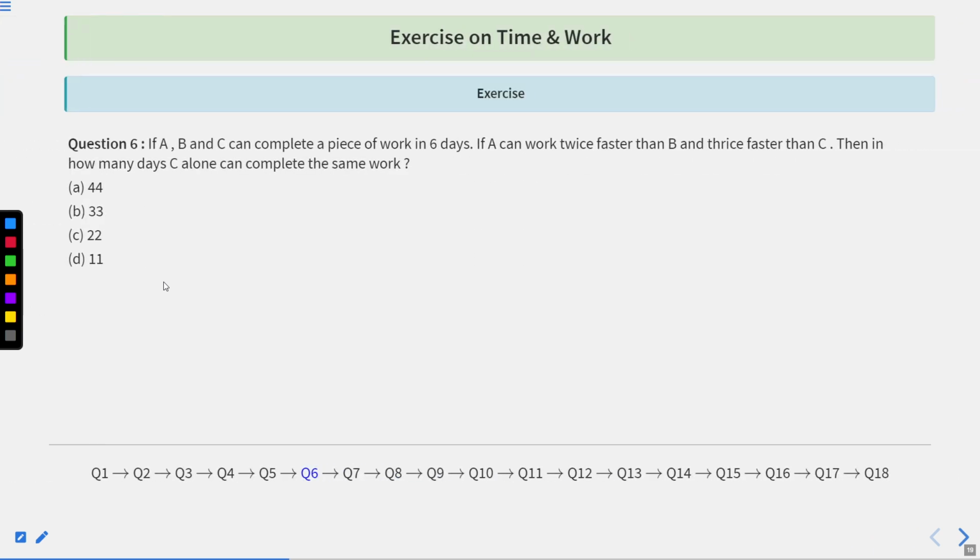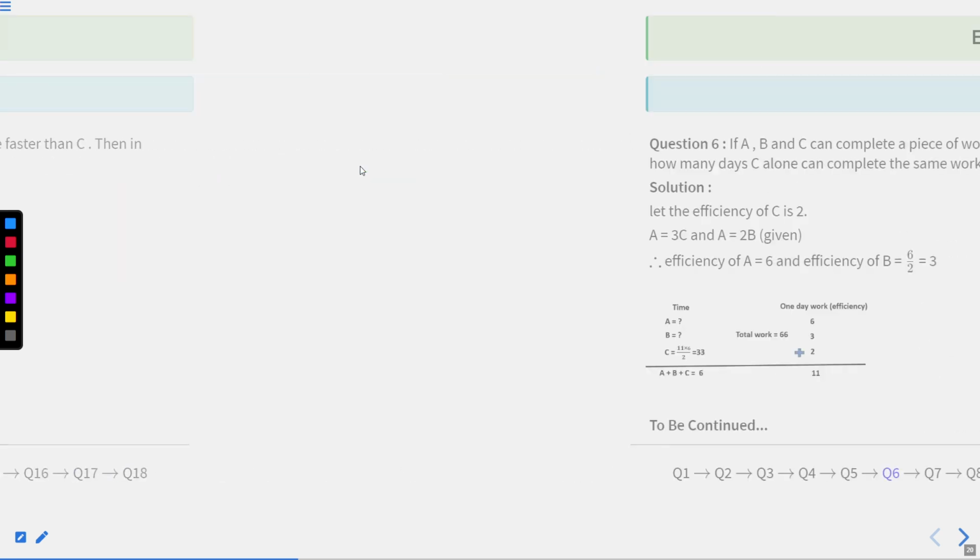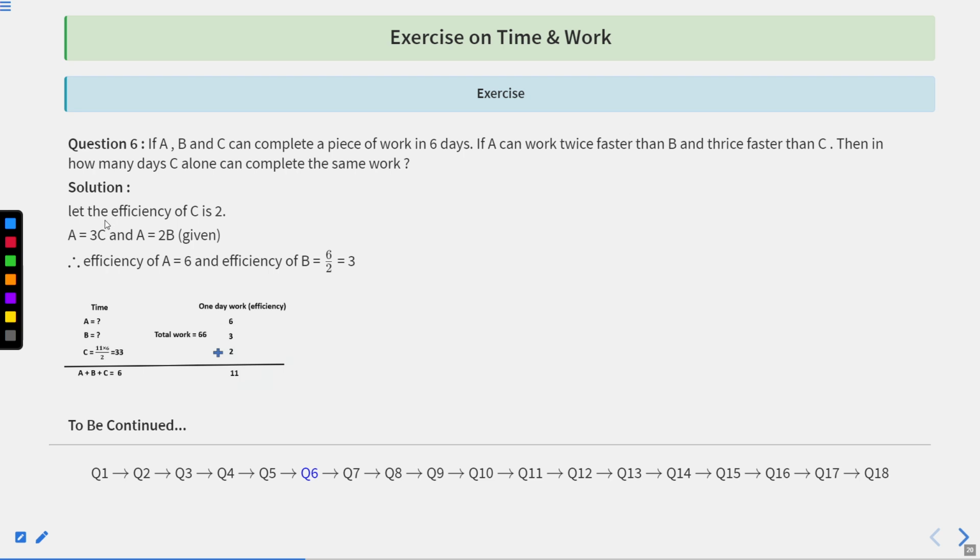Question number 6. If A and B can complete a piece of work in 6 days, if A can work twice faster than B and thrice faster than C, then in how many days C alone can complete the same work? So let the efficiency of C be 2.